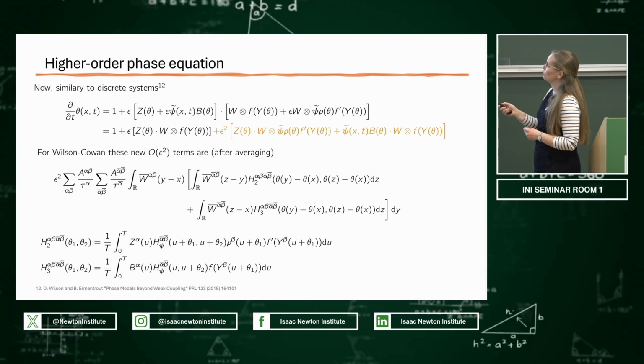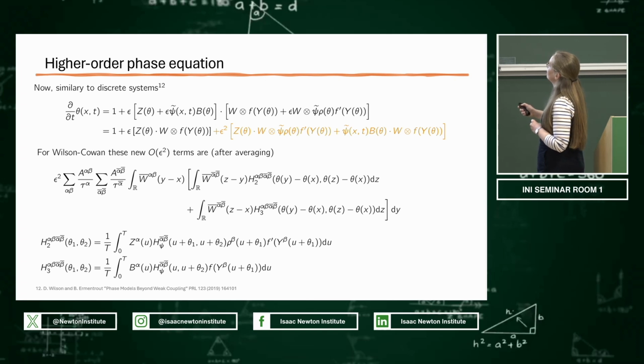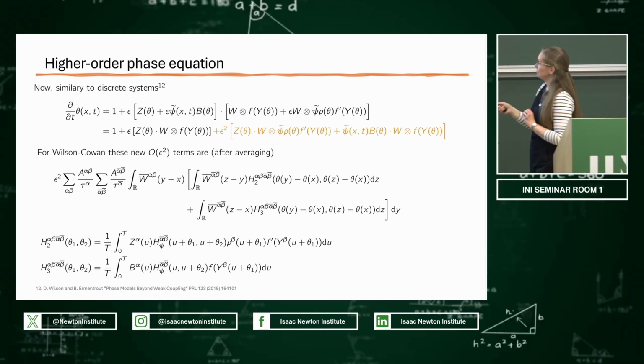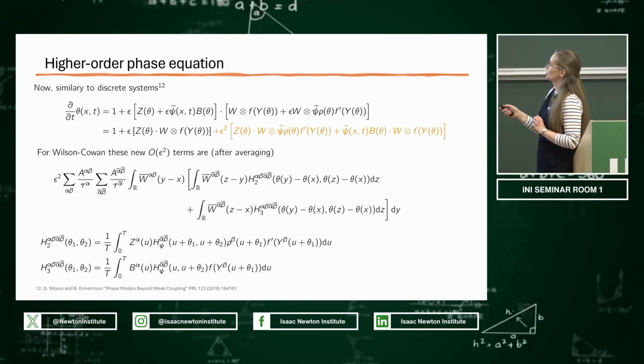So this is what we had before, just the first order terms, and now we've got these second order terms which come from the second order terms in G. So we've got the original phase response and the higher order terms from the interactions, and then we've also got the higher order term in the phase response and this first order term from the interactions, giving us our order epsilon terms.